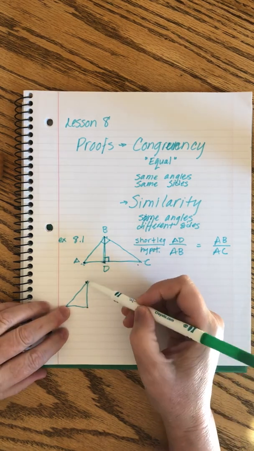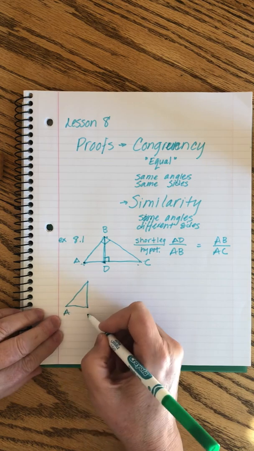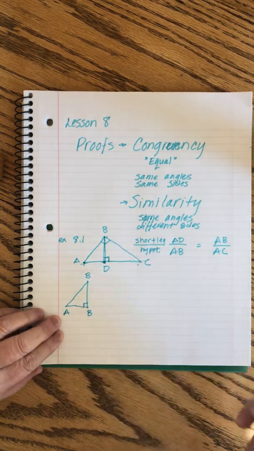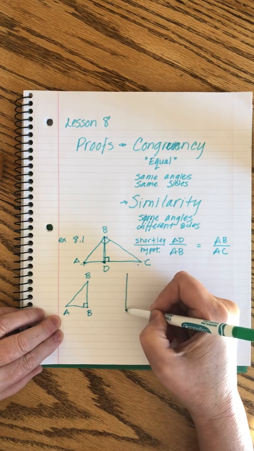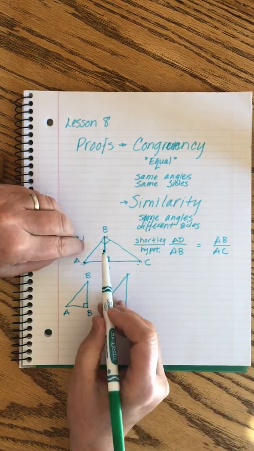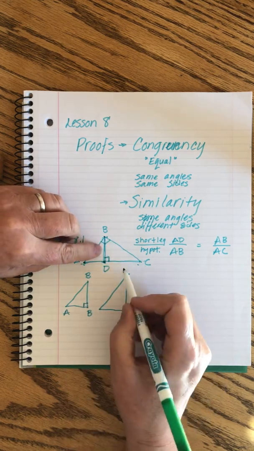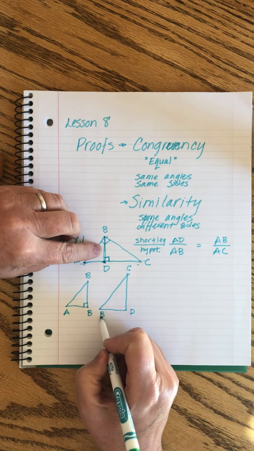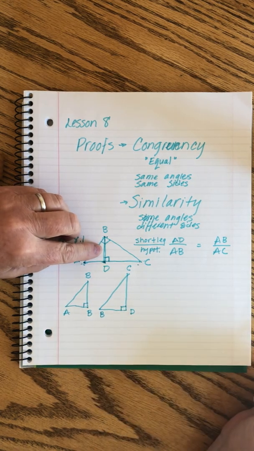Okay, so this is going to be the little triangle, A, D, and B. We know that this is a right angle right there. Now we're going to draw the medium-sized one. It's got C at the top, it's got D in the corner, and it's got B over here. Right?